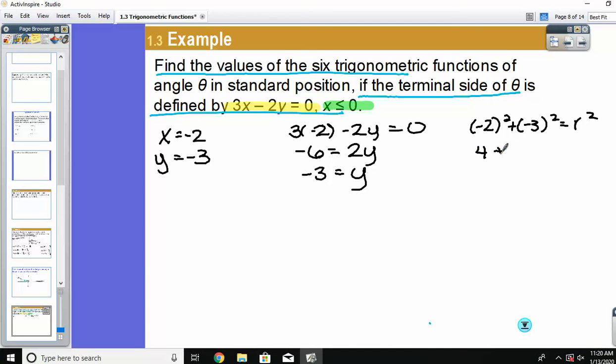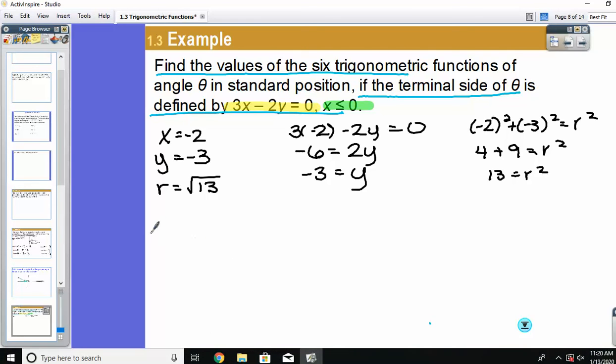So we get 4 plus 9 equals r squared. So r squared is 13. That means r, I'm just going to leave it in radical form, the square root of 13. If you avoid fractions, it'll make your r a lot prettier as well. We can certainly deal with it, but if we got a fraction here, you would need to do square root of top and bottom and get your radical off the bottom for your r.